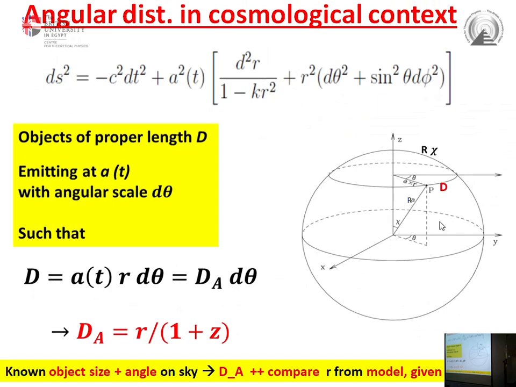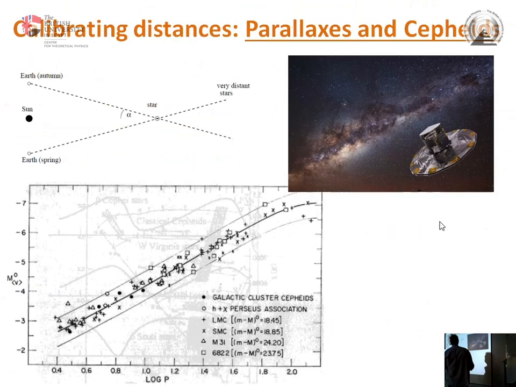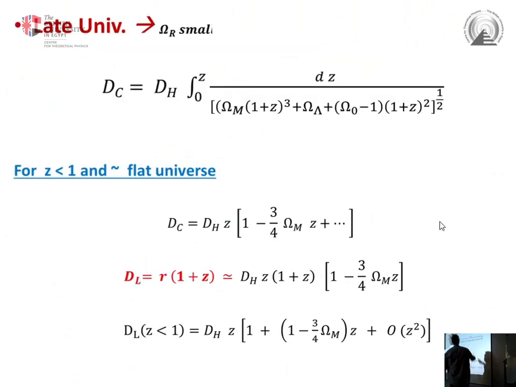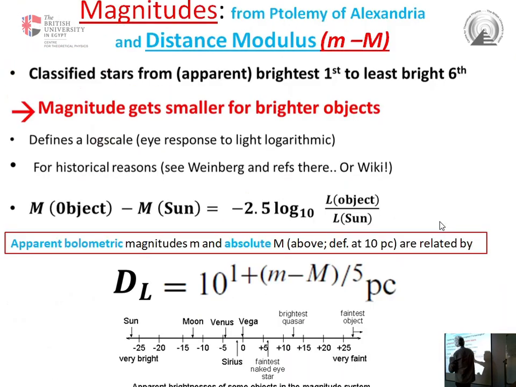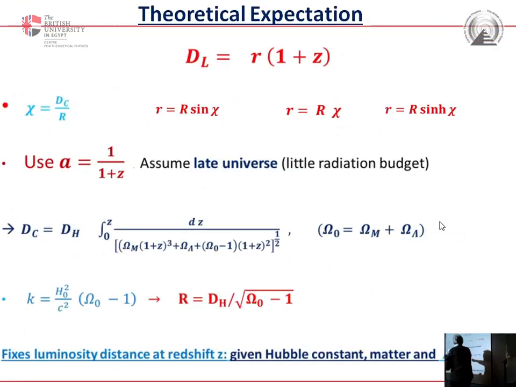So we put z in our equation here, and we get DC, theoretically, if we put numbers in.